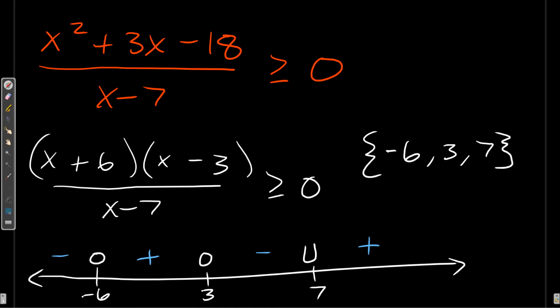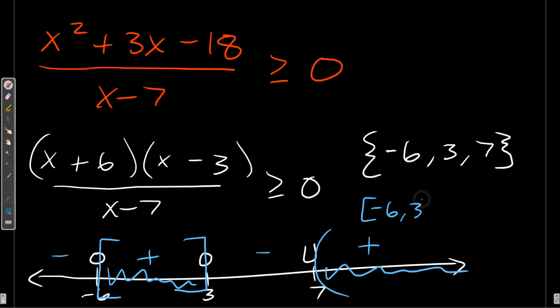You should check. I'm going to skip checking. So I think that then this right here would be my intervals. So it should be the closed interval from -6 up to 3, union together with the open interval from 7 to infinity.